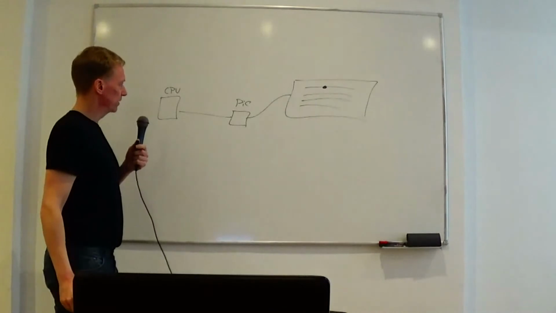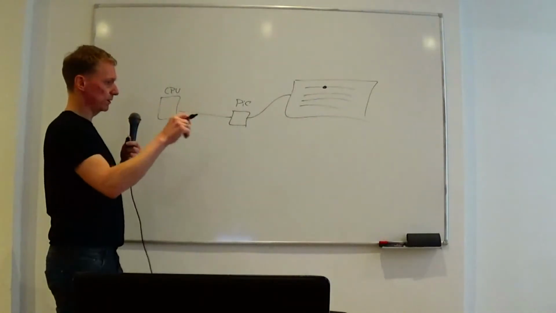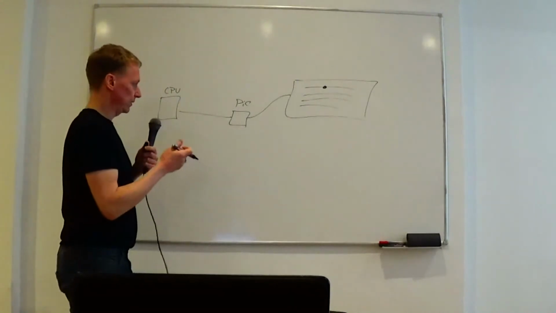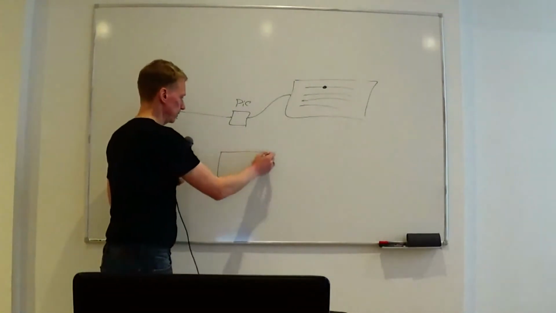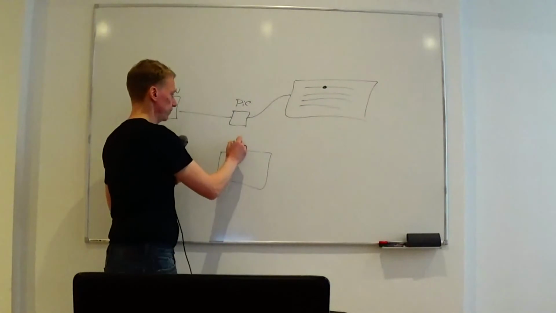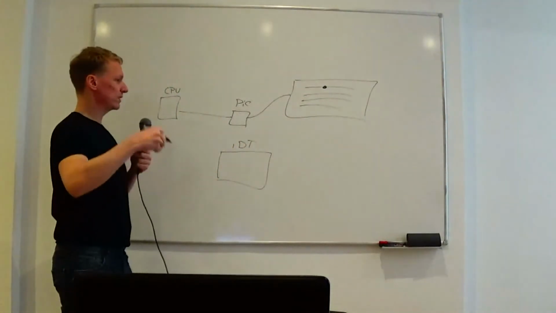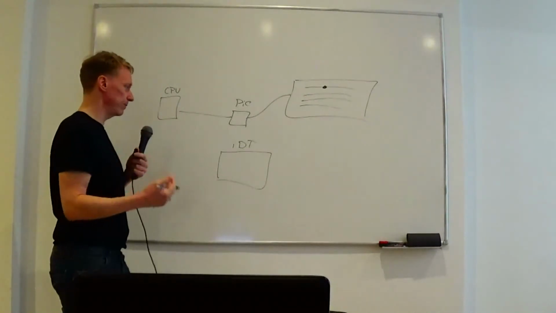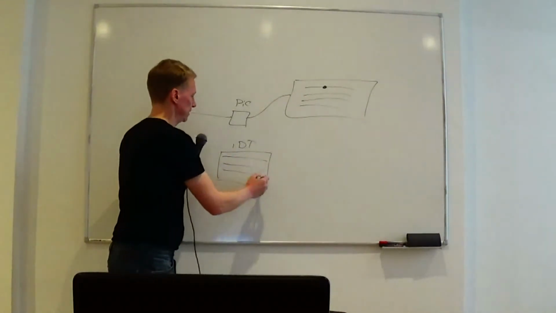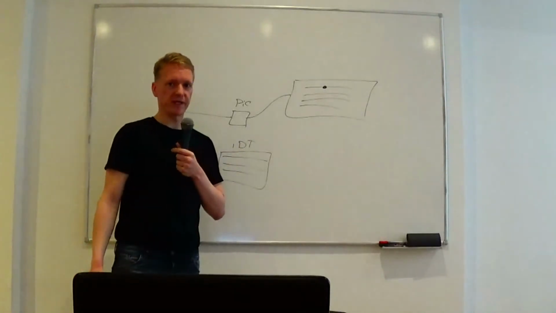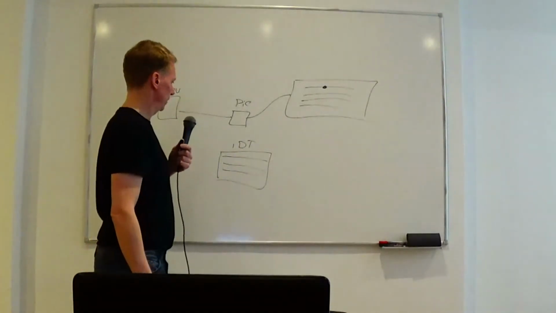But if we told the PIC to give us this information, and we don't set up the interrupt descriptor table before, then it will give us this in form of an interrupt, but without this table, an interrupt will just create a general protection fault, and then I don't know what happens.